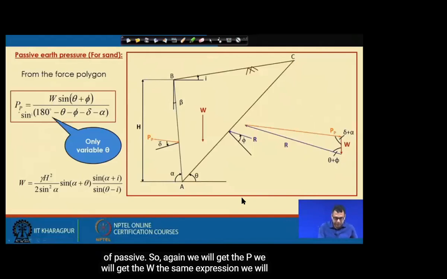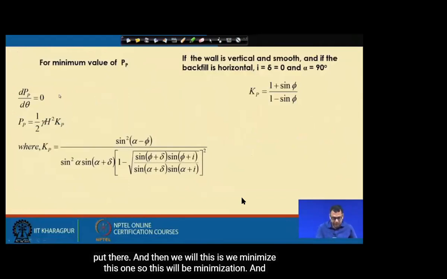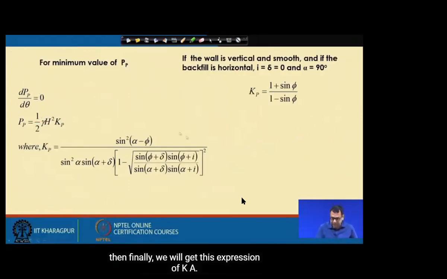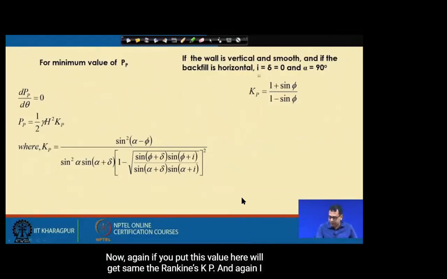So again we will get the P, we will get the W, the same expression we will put there, and then we minimize this one. So this is the minimization, and then finally we will get this expression of K A. Now, again if you put this value here, we will get the same Rankine's K P.